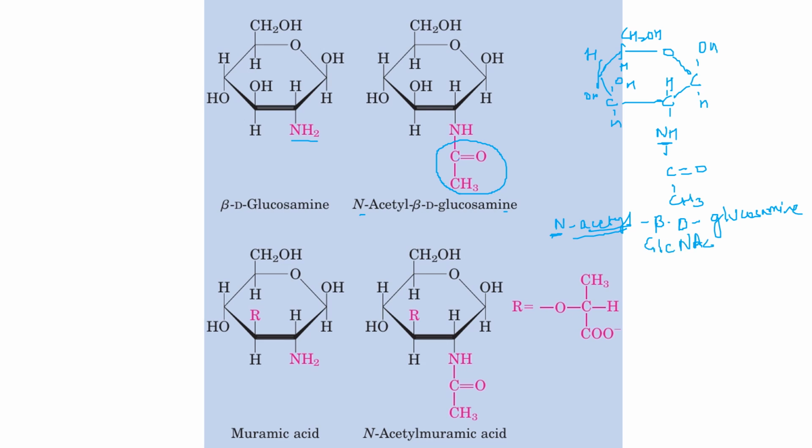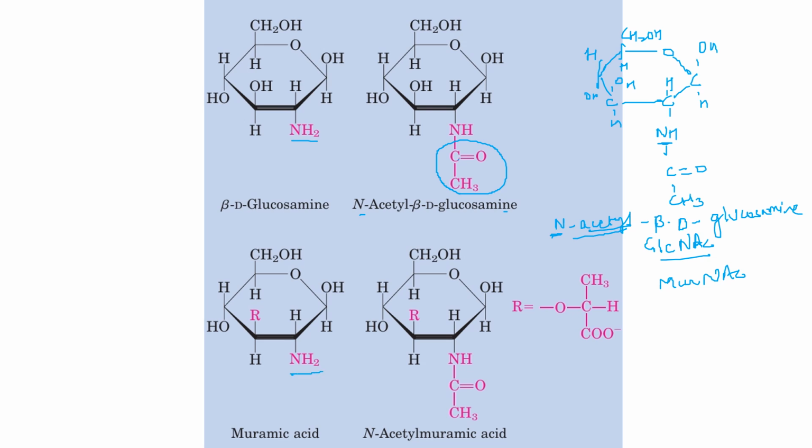GlcNAc is often present in the cell wall of bacteria, in peptidoglycan. There is another sugar derivative present in the cell wall, called MurNAc. What is MurNAc? It is also an amino sugar.